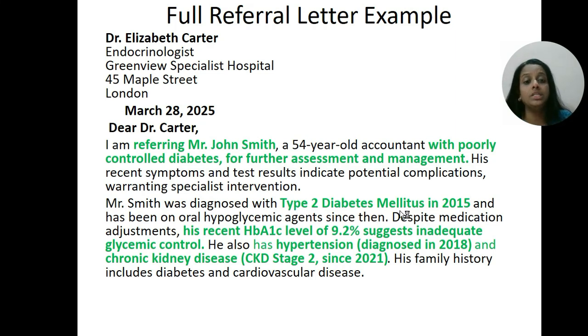Type 2 diabetes mellitus in 2015, from the past, and his present symptoms such as HbA1c level of 9.2, and also hypertension, which was diagnosed in 2018, and chronic kidney disease since 2021. So all the medical history has been given very clearly.